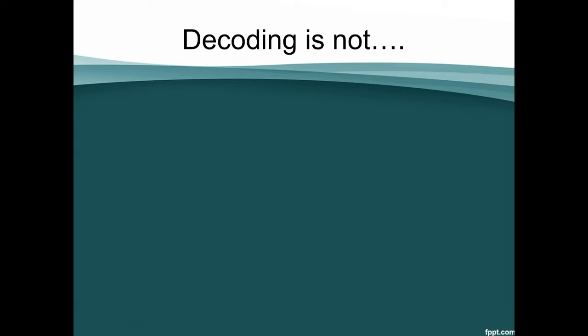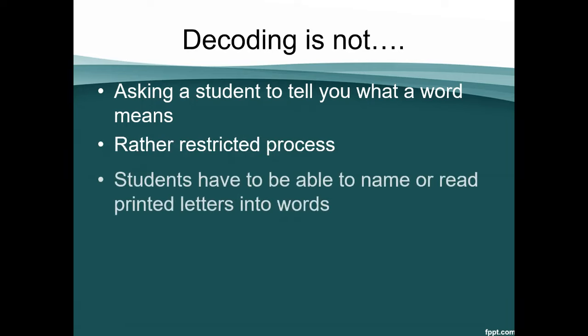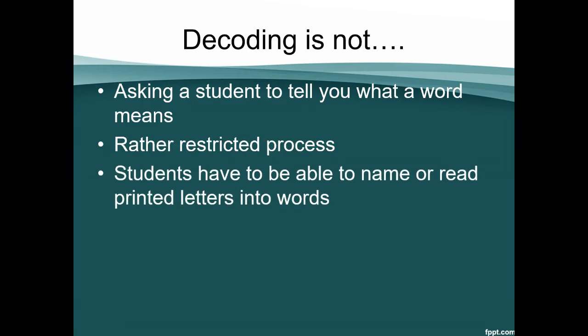Some things you should know about decoding. Decoding is not asking a student to tell you what a word means. Decoding is not looking at meaning at all. It's not looking at comprehension. It's really rather a restricted process. Students have to be able to name or read printed letters into words.